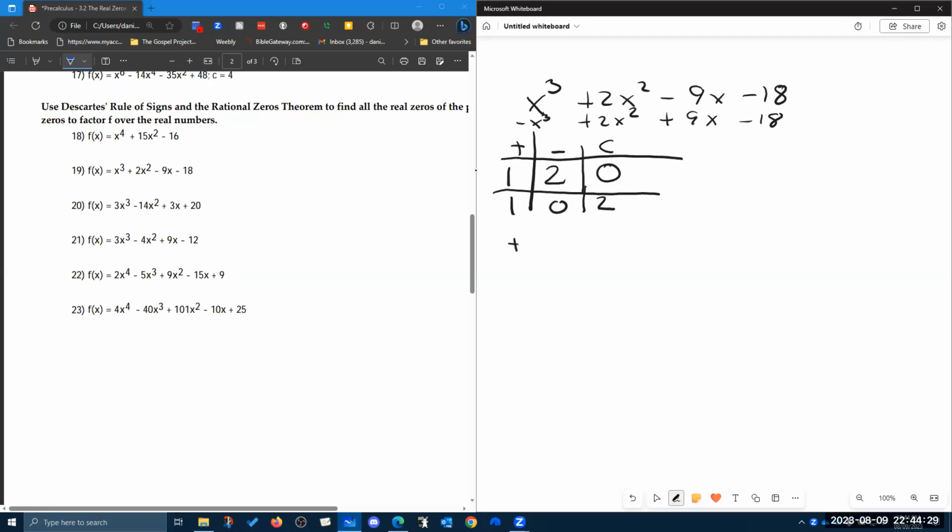So when I find my answers with the rational root theorem, factors of 18: 1 and 18, 2 and 9, 3 and 6 over 1. So this is plus or minus 1, plus or minus 2, plus or minus 3, plus or minus 6, plus or minus 9, plus or minus 18.